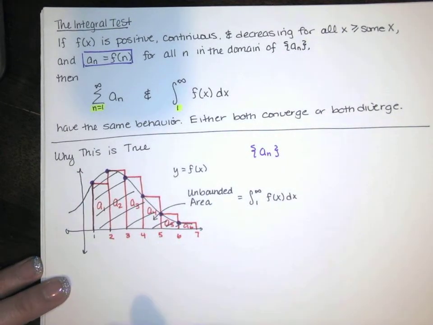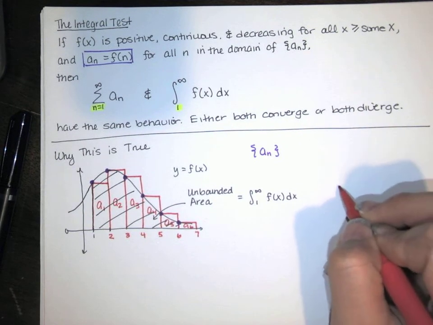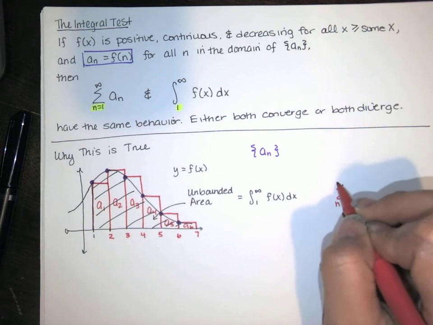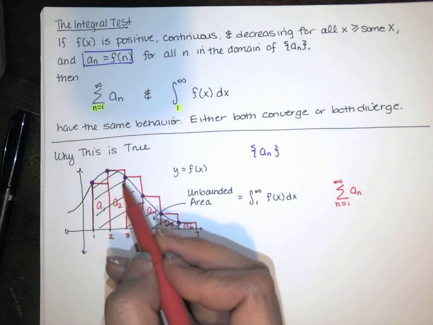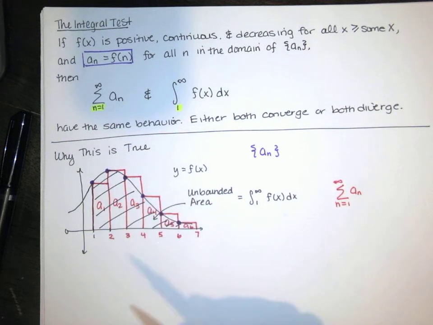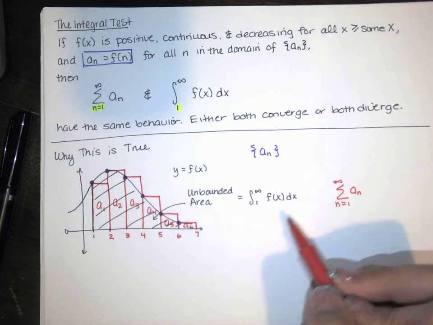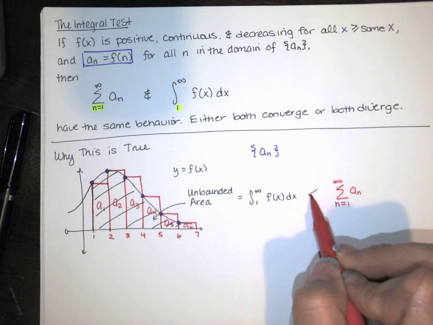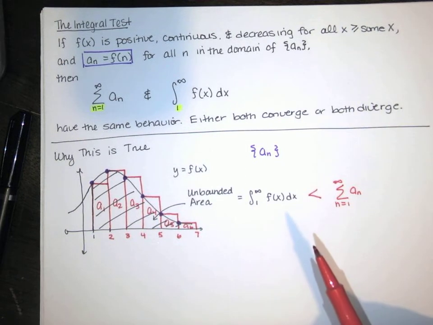This shaded region was our unbounded area, and the area of the rectangles here is the sum as n goes from 1 to infinity of a sub n. And because I'm overestimating all the time, and it's not going to balance exactly that one underestimate, this sum, if I'm drawing my rectangles this way, is going to be greater than this, just because I drew my rectangles that way.